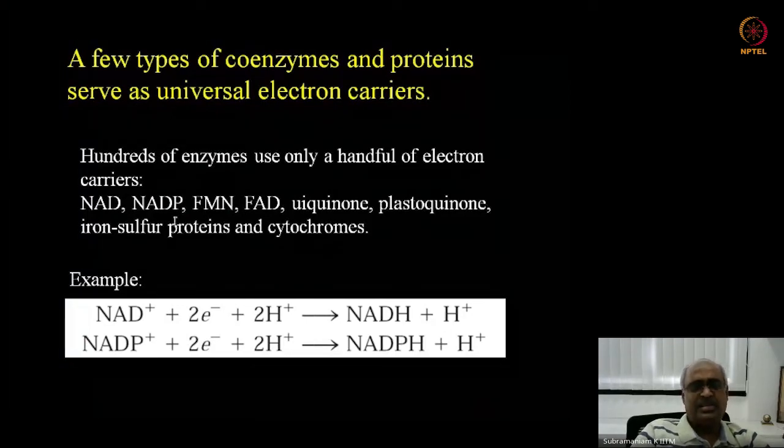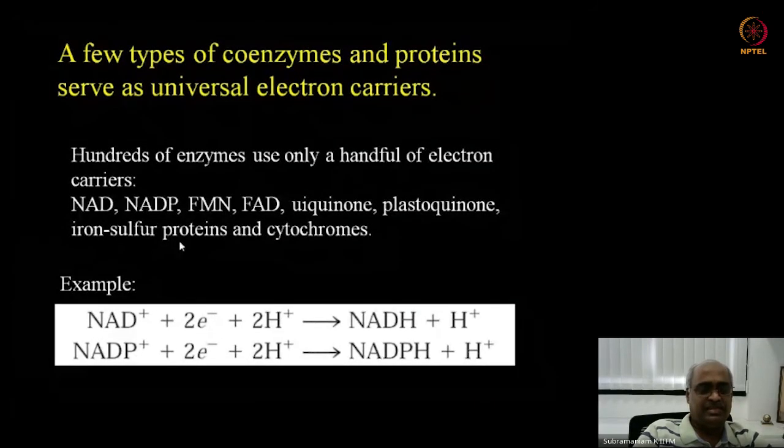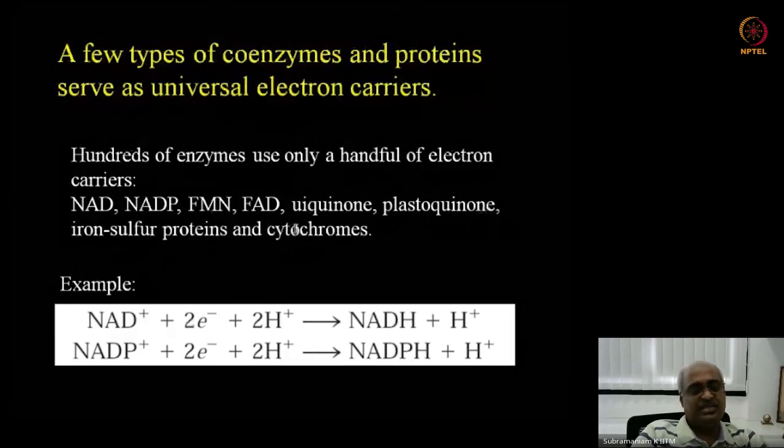Then iron sulfur proteins. They have a cluster of iron and sulfur ions coordinated in the proteins, and they help in electron transfer. We will see this when we go to the electron transport chain. And then cytochromes, these are proteins.